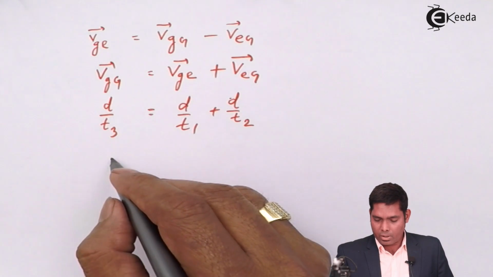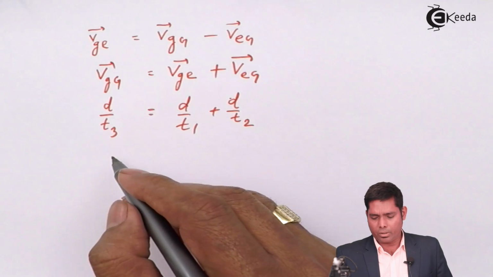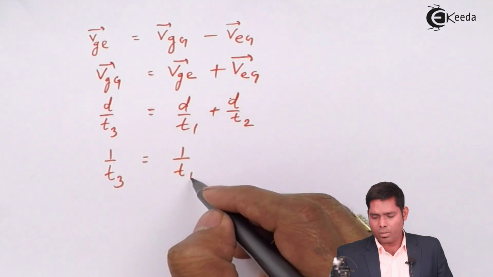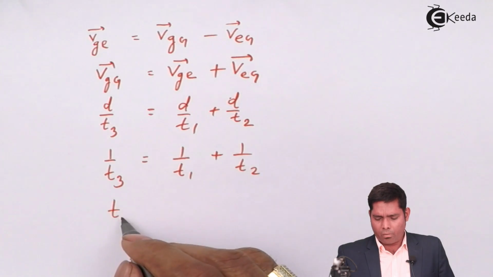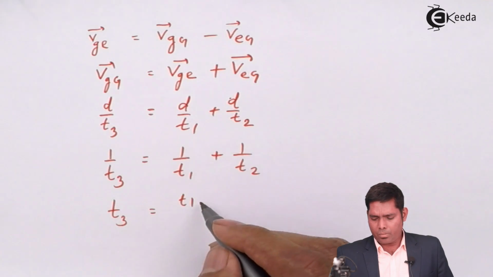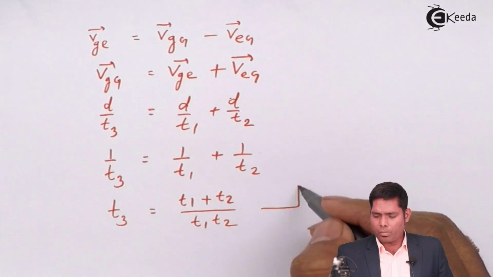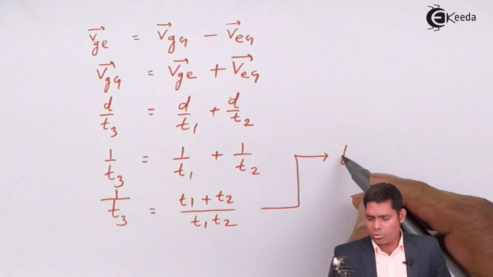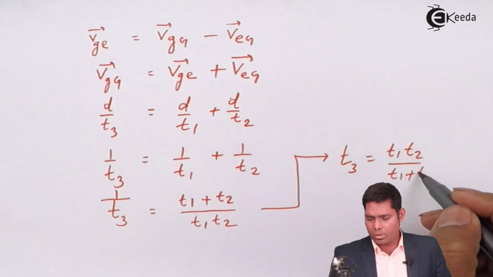Suppose it takes time t3 to reach there when both of them are moving. Then 1 over t3 becomes 1 over t1 plus 1 over t2. So from here I'll write that t3 is t1 t2 over t1 plus t2, that is product upon sum.